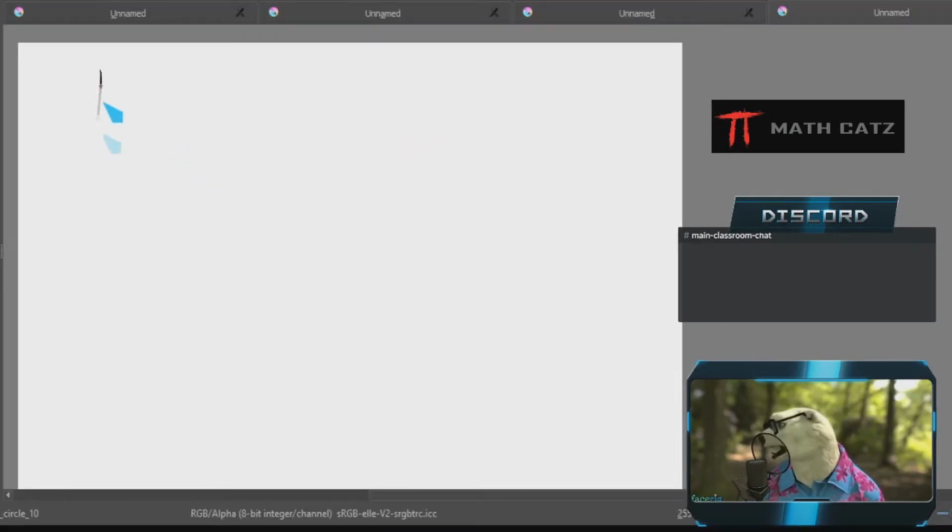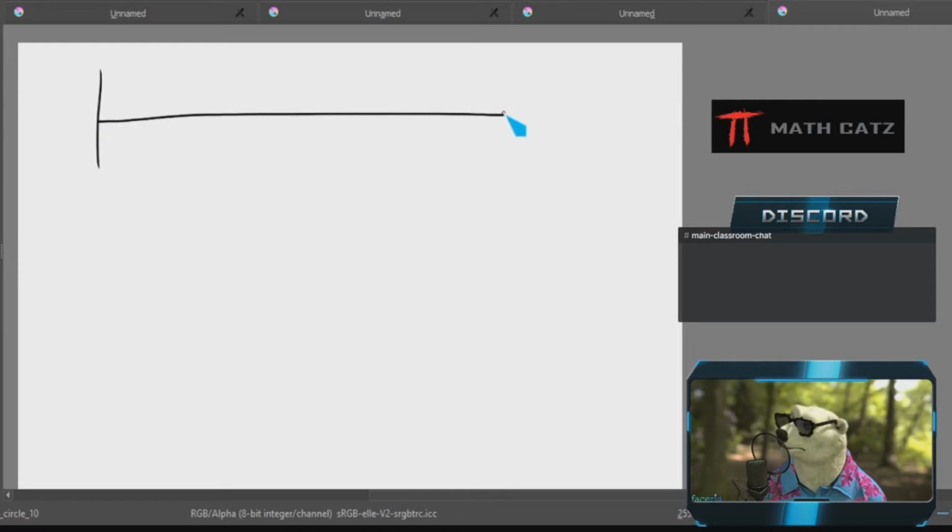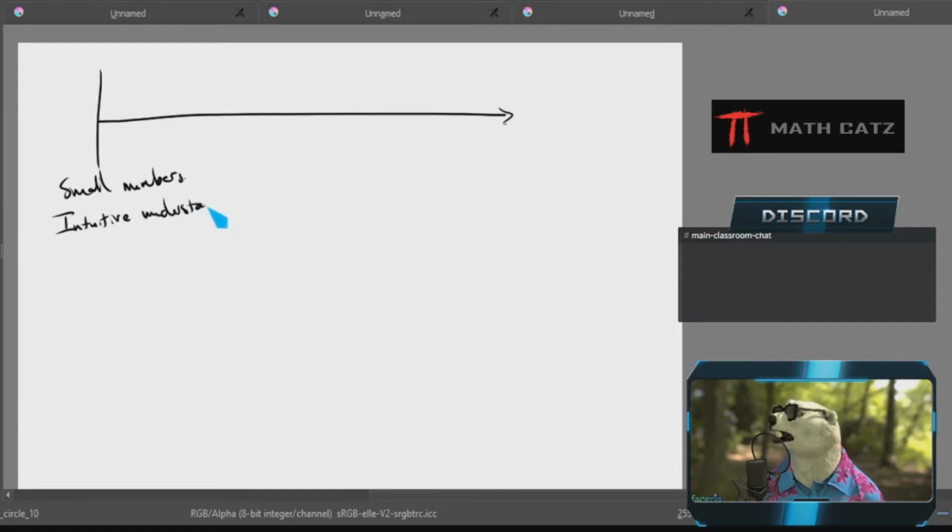So remember, as I have numbers that are a little bit inconvenient, they're not small anymore, I have to slowly drift away from this intuitive understanding of, in this case, fraction calculations, right?